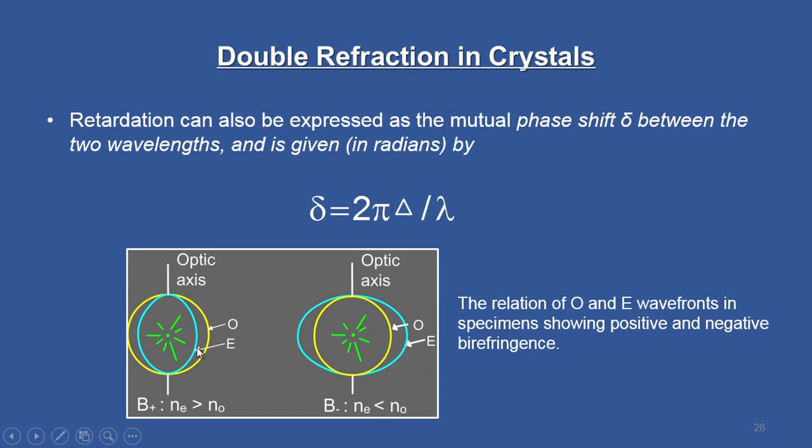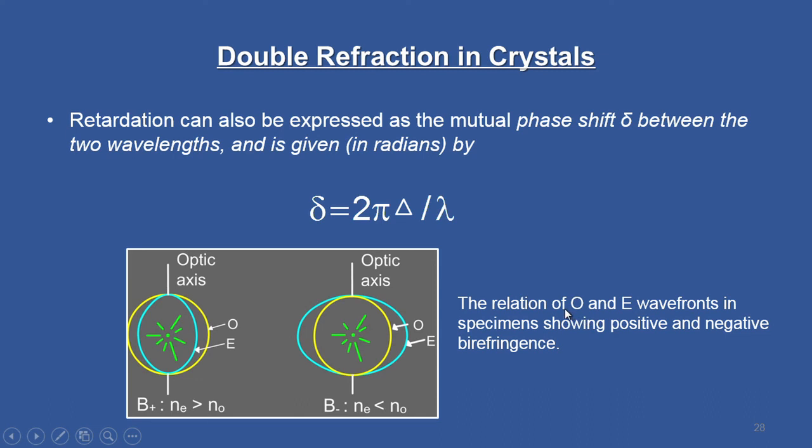You have a positive B value when the refractive index of the extraordinary ray is greater than that of the ordinary ray, and you have the reverse scheme, a negative B value, when the refractive index of the extraordinary ray is smaller than the ordinary ray. We will see how these two things are visualized in an optical scheme as we move along.